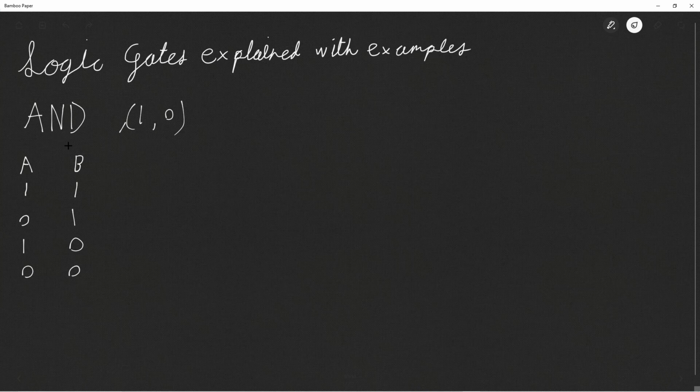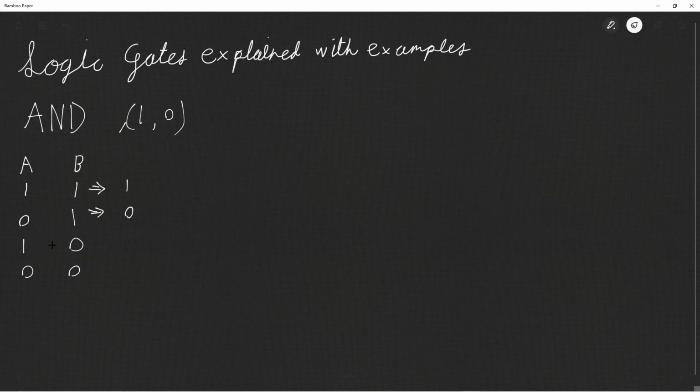So what the AND gate says is, if we have A equaling 1 and B equaling 1, then our output will be 1. However, since we have 0 and 1, and it's not 1 and 1, this means that it's going to be a 0 because they're not the same.